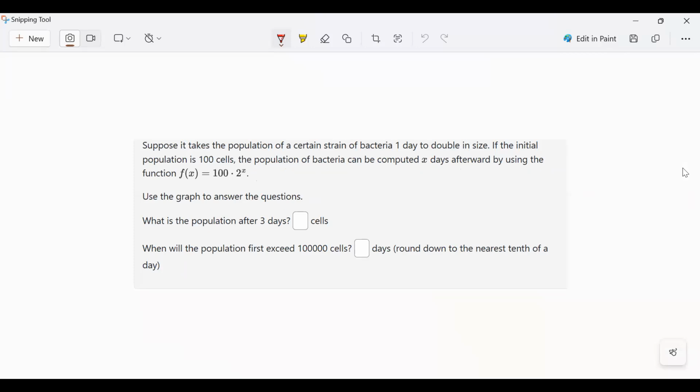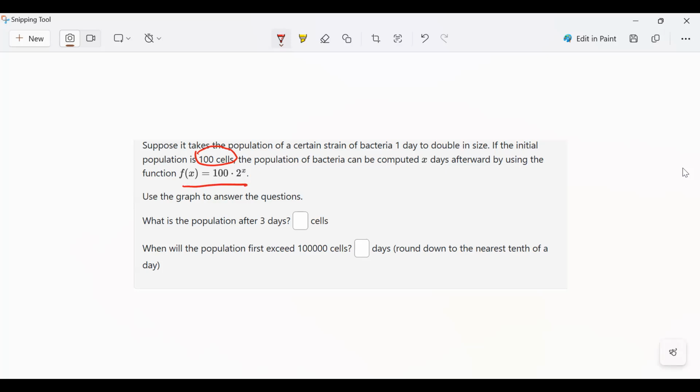So it takes the population of a certain strain of bacteria 1 day to double in size. If the initial population is 100 cells, the population of bacteria after x days will be computed by using this function.